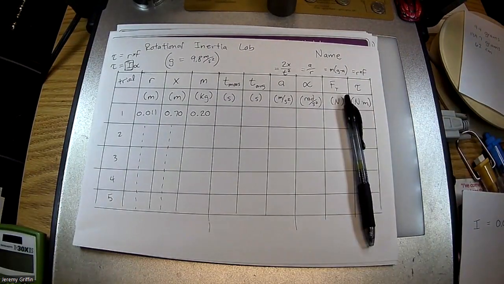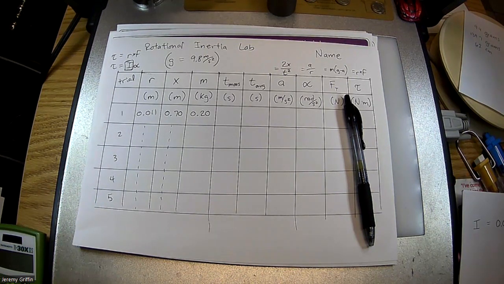All right, so set this up. I've got the 200 gram lab mass right here. I attach it right there, and have it wound up to the 70 centimeter mark. You guys ready? Starting from rest, and go.